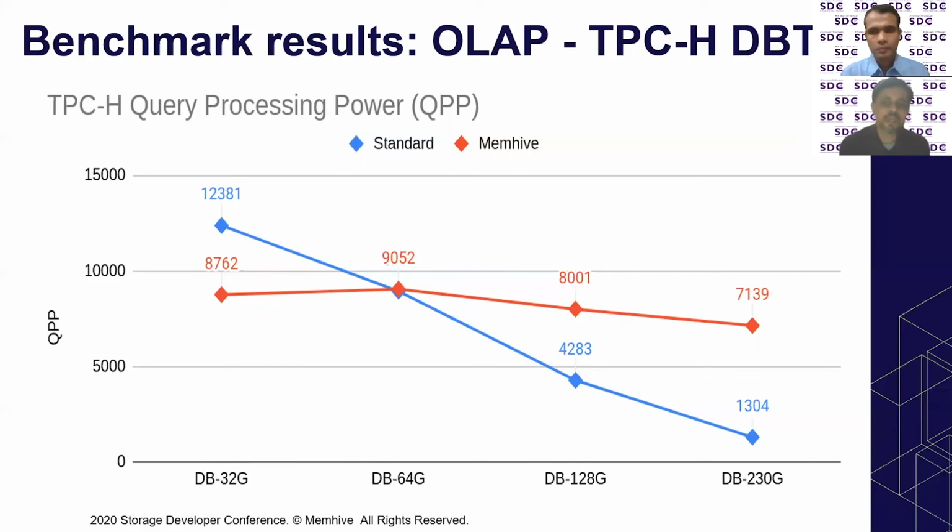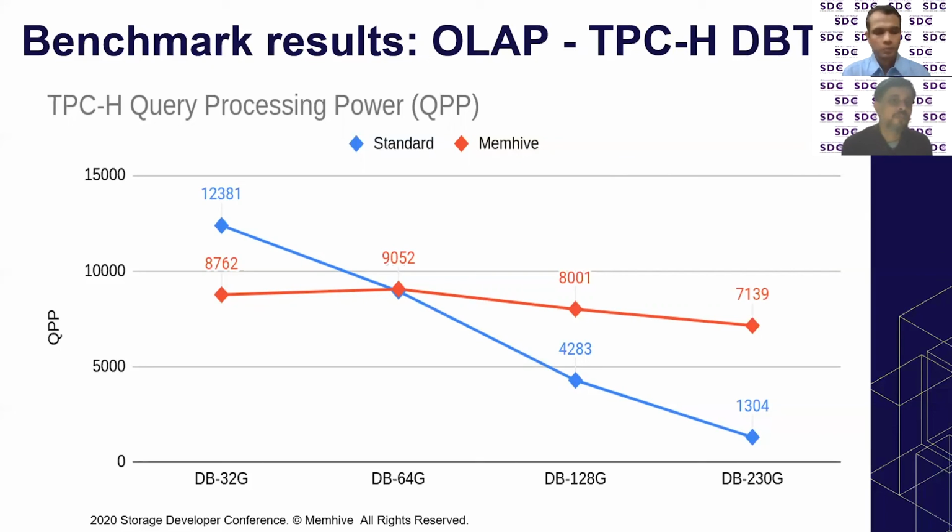You can see here that we have run the test against different database sizes, which you can see on the x-axis. We have ranged that from 32 gigabytes to 230 gigabytes. And you can see the QPP number, which shows how good the performance of the database is. The higher the number, the better it is in this case.